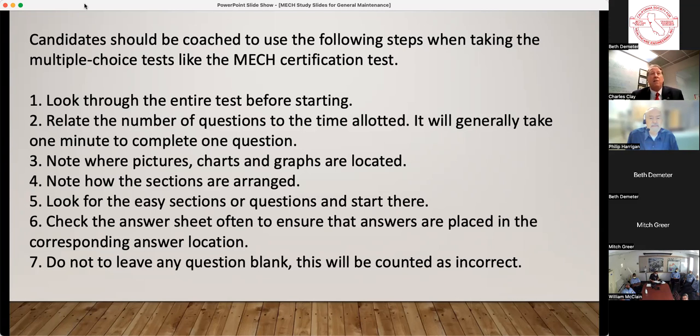Check the answer sheet often to ensure your answers are placed in the corresponding answer location. I've had the nightmare of answering a multiple choice, realizing I skipped one, and now I've answered incorrectly for the last 5 questions. Don't leave any questions blank. Make sure that your count is also correct. All right, next slide.